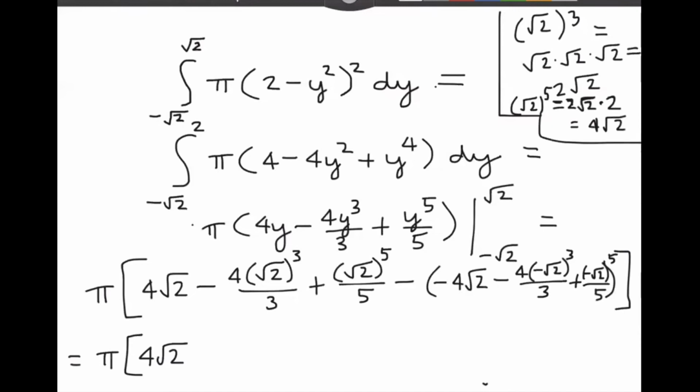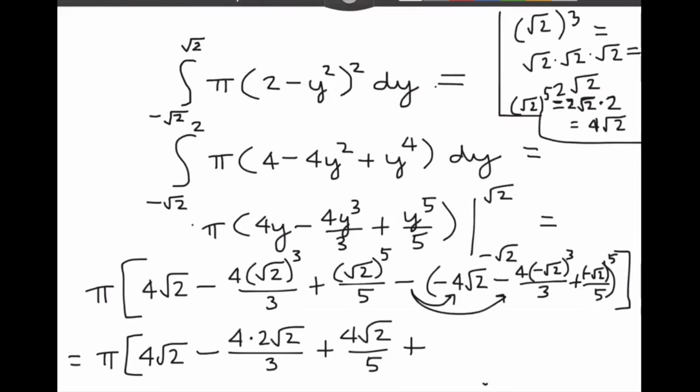Okay. So we have 4 times 2 root 2 over 3 plus 4 root 2 over 5 plus, now I'm distributing the minus sign, 4 root 2. This is going to be a triple negative.